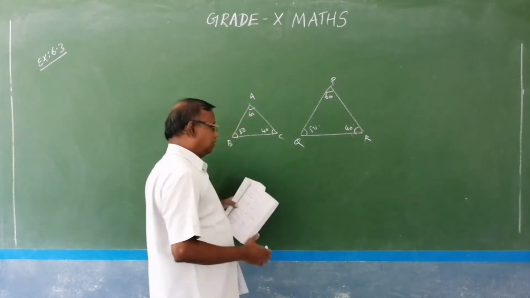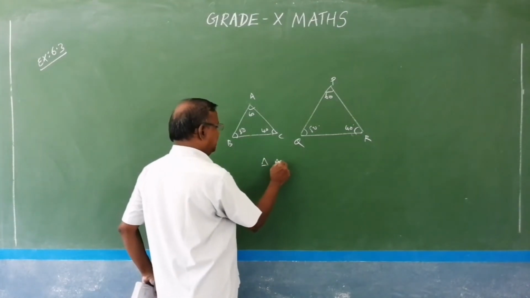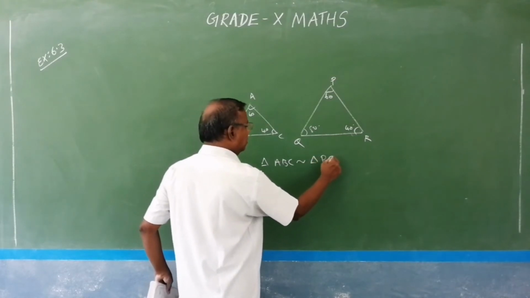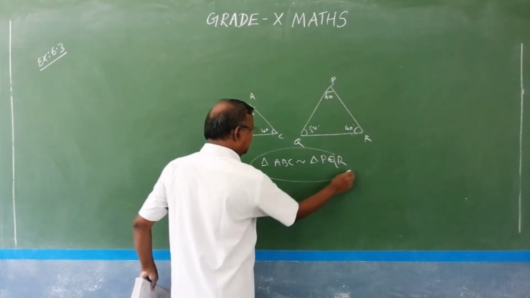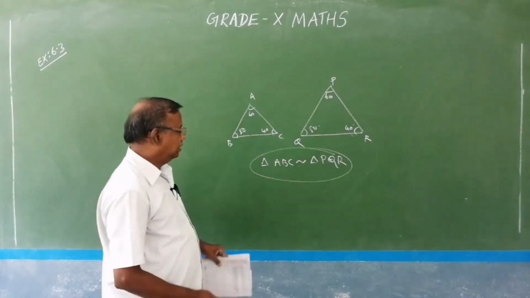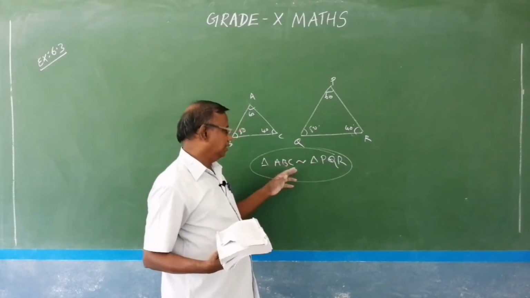Say whether these two are similar or not. By AA similarity, triangle ABC is similar to triangle PQR. We are using the similarity notation, this symbol, this is a symbol for showing that these two triangles are similar.